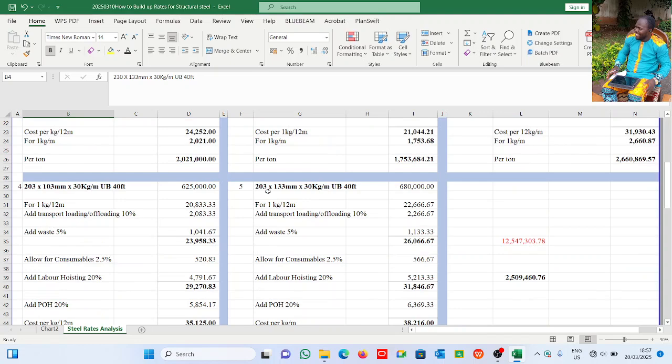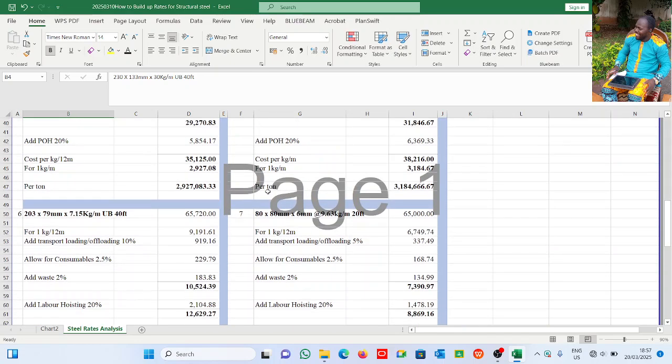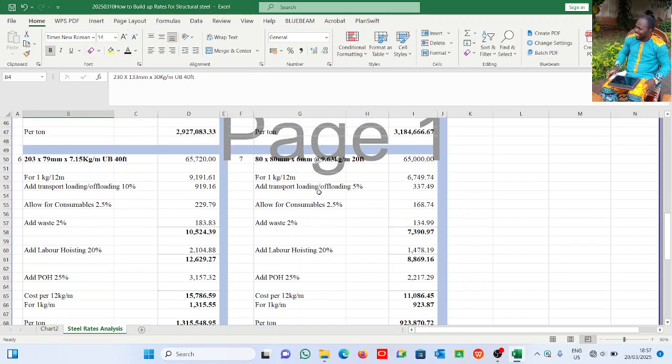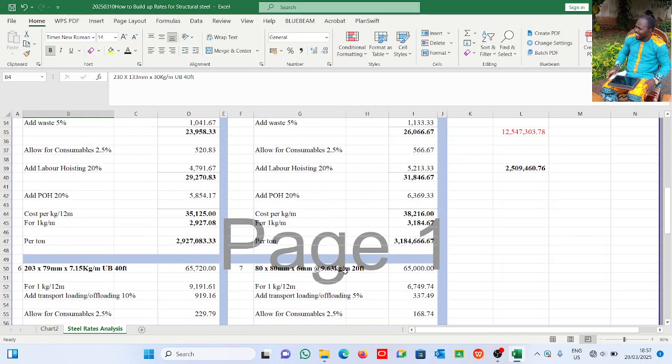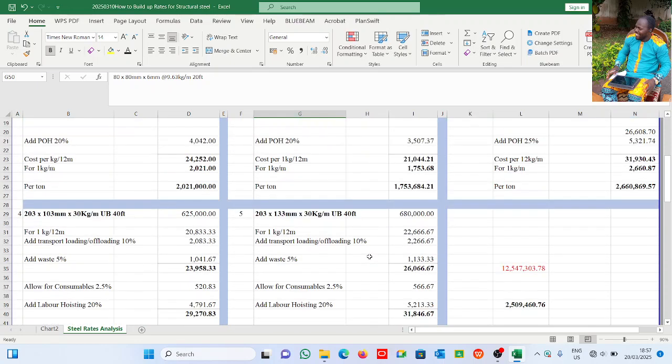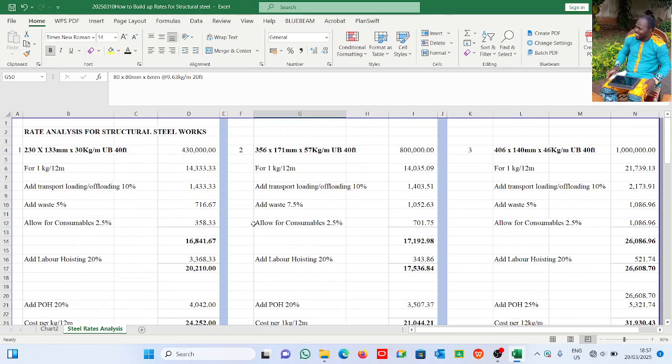This one here is in 40 feet too. This angle iron comes in 20 feet, and I think channels too. Channels also come in 20 feet. But majorly the universal beam and the universal column come in 40 feet.